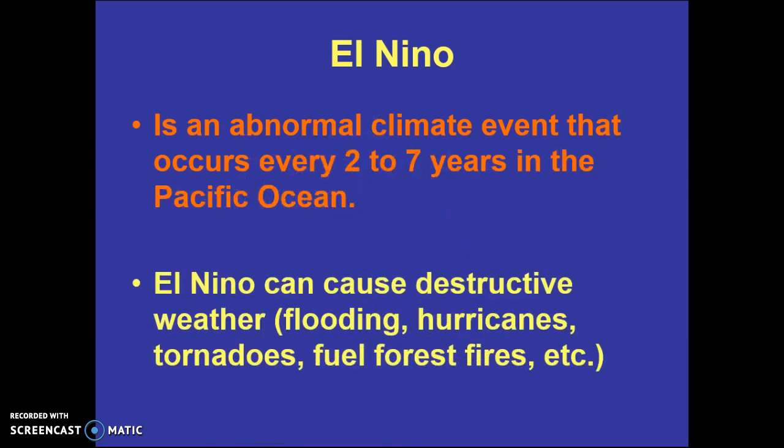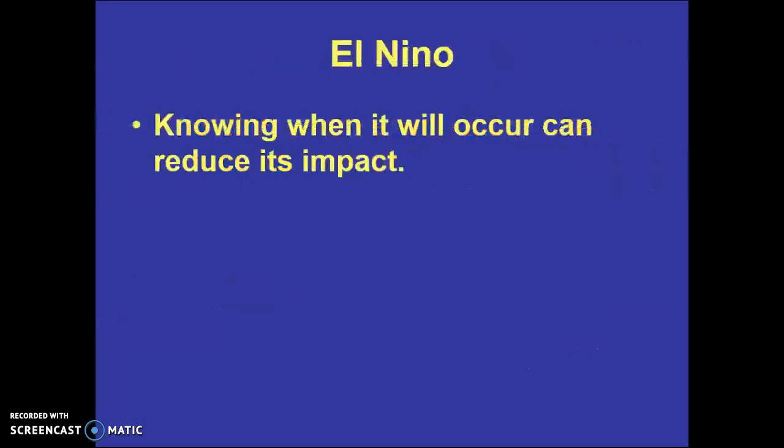It can often cause a lot of really destructive weather. During these periods when El Nino is happening, there tend to be a lot more flooding, hurricanes, tornadoes, forest fires, things of that sort. Being able to predict when El Nino is going to happen is really important because it enables people to prepare for these destructive weather events that may come their way.